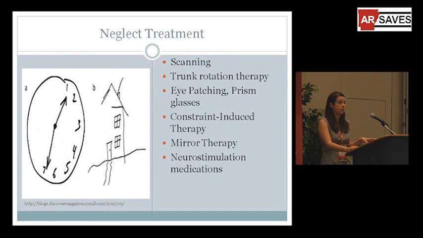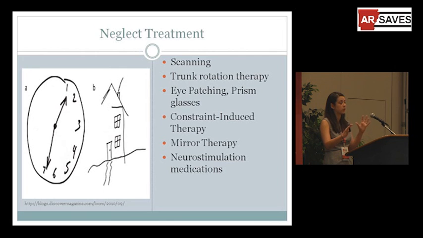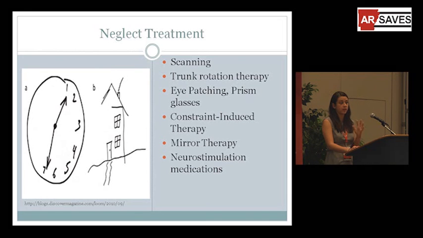Techniques for treating neglect. One of the easier things to do is just scanning. We have them scan towards the side of neglect. We use trunk rotational therapy, which is part of that neurodevelopmental technique, to work with the patient's postural control and turning to help facilitate scanning. Using eye patching, it's another form of constraint-induced therapy, to make them use that neglected field.